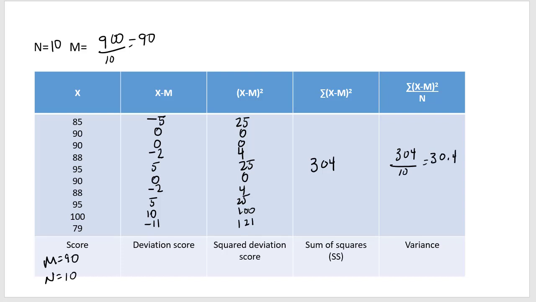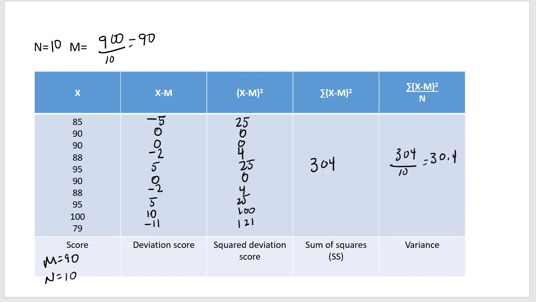30.4. Now, conceptually, this is a little bit funky because 30.4 is not a very interesting way to look at our dispersion. Obviously, the average score of 90 is not going to have a standard deviation of 30.4 unless there are some very spread out scores, but that's not the case here.